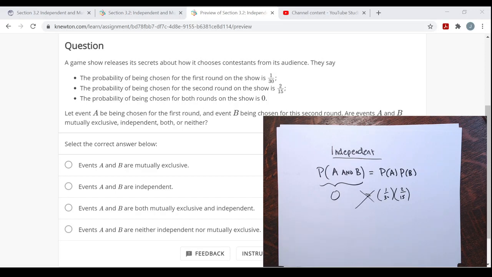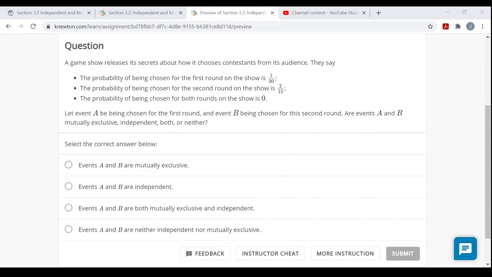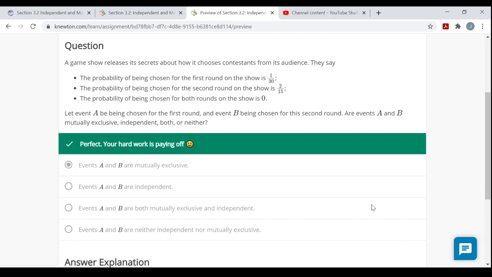One happening does have an effect on the other, because whether or not you're chosen for the first round has a huge effect on whether or not you're chosen for the second round. So they are mutually exclusive because they can't happen at the same time, but they're not independent. So that seems to be the only one that fits.